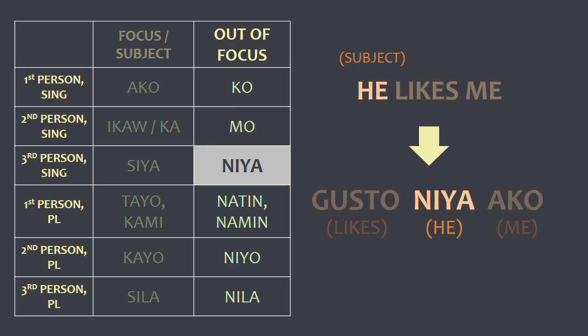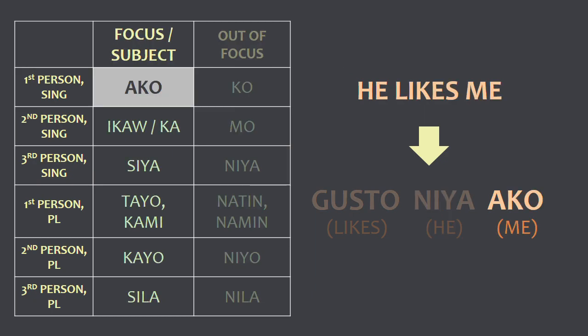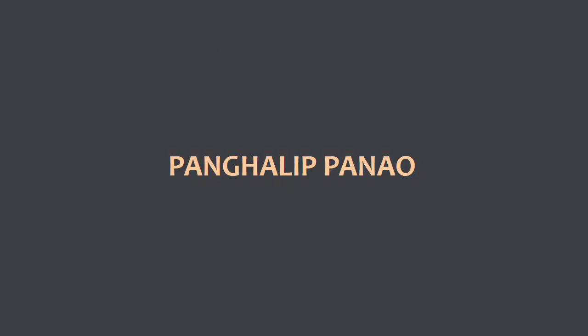And then we used ako, a Filipino pronoun for a subject, when we meant me, which is not the subject in this sentence. Why is that? Well, today I will explain to you what exactly happened, but first let us go over each Filipino pronoun, or in Tagalog, we call them panghalip panao.